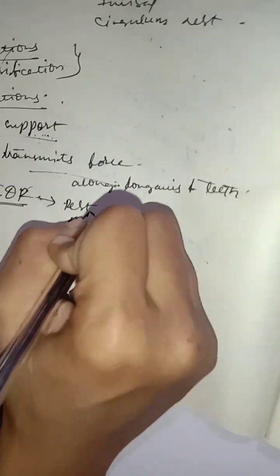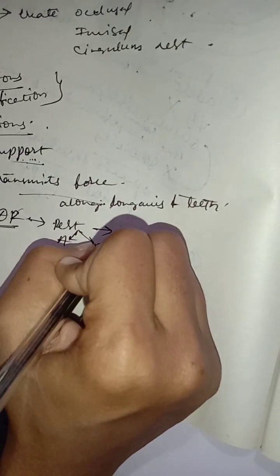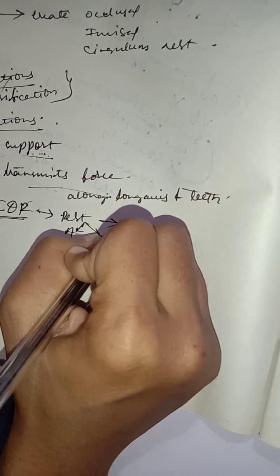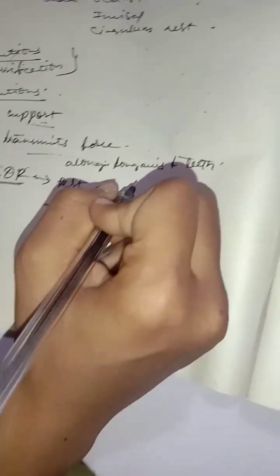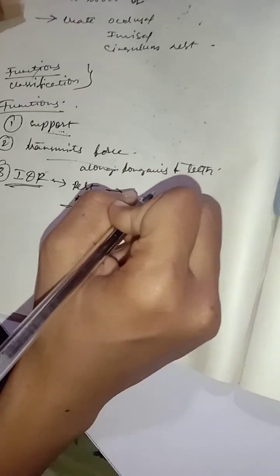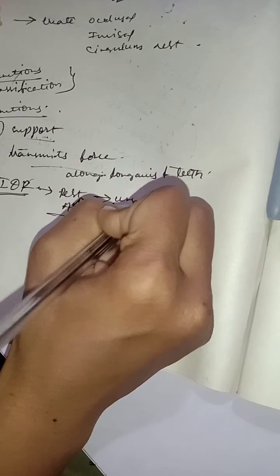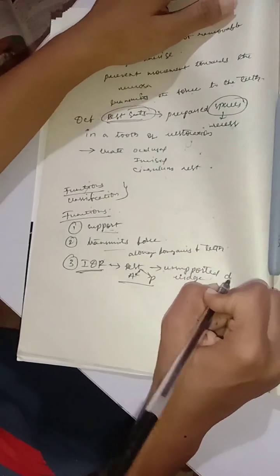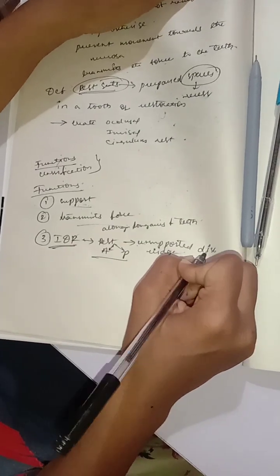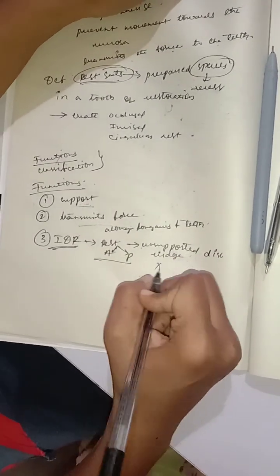Indirect retention: it is fixed to prevent the unsupported distal extension denture base from lifting away from the edentulous ridge. Whatever distal extension is there, it is unsupported, so we want to prevent it from lifting.